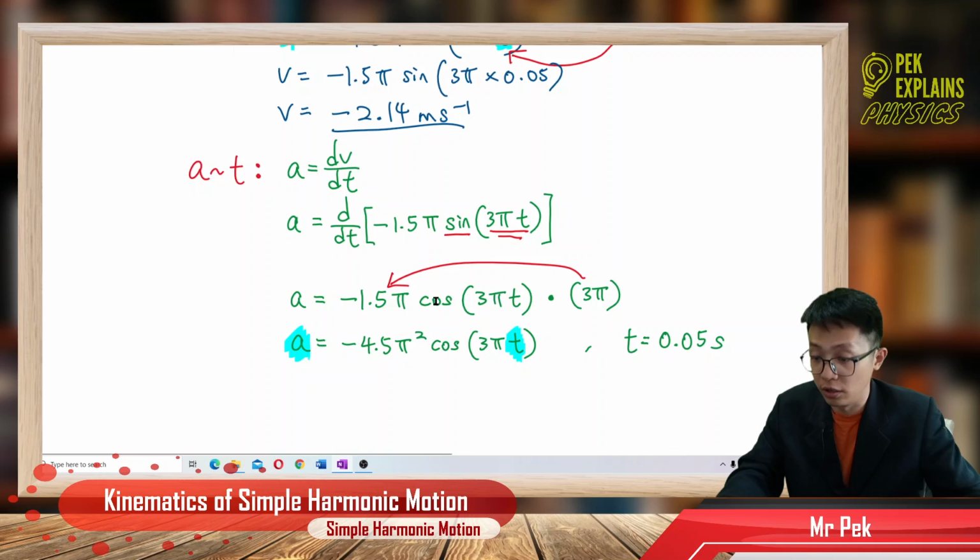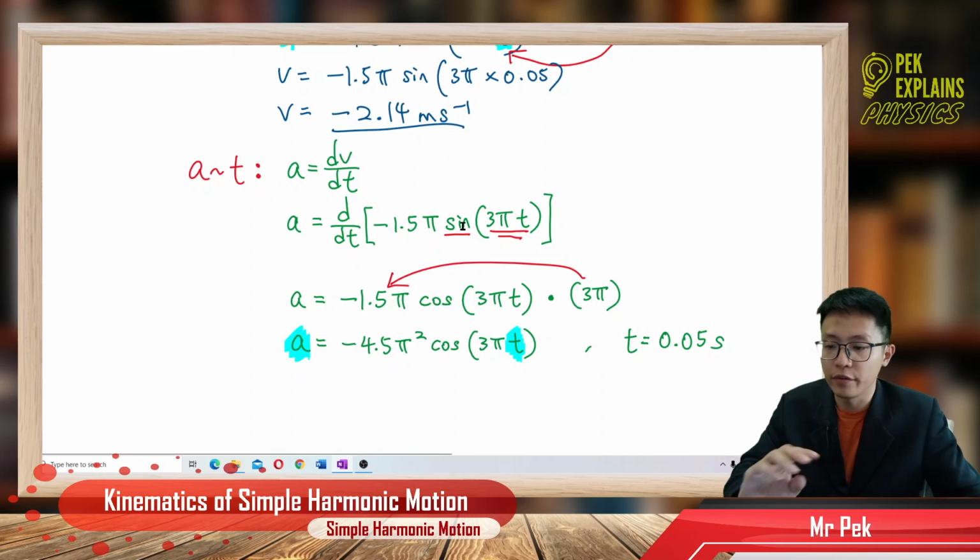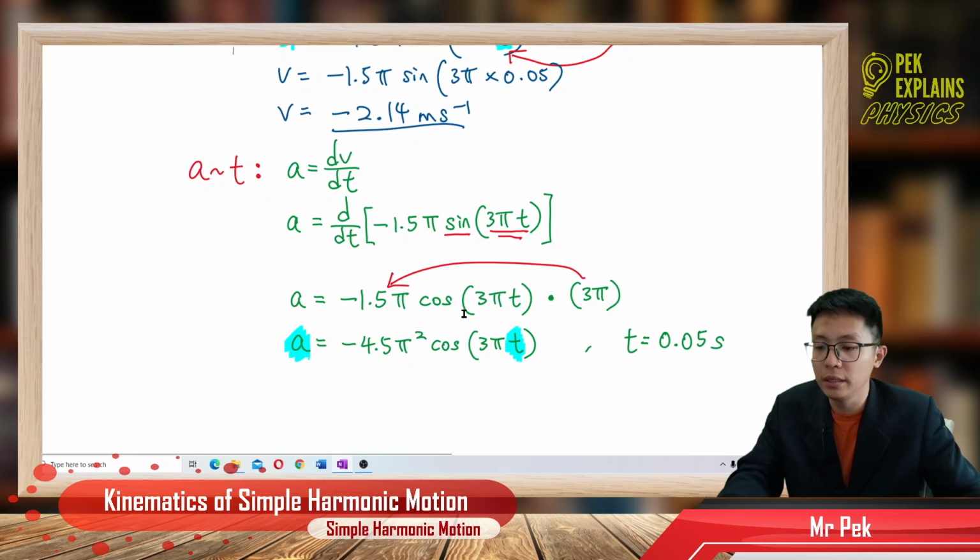Differentiate sine, get cos, no negative. And then 3 pi t, copy. Then differentiate inside, you get 3 pi. Then multiply to the front, 3 pi. So here becomes negative 4.5 pi squared, because pi multiplied by pi gets pi squared, and 3 multiplied by 1.5 gets 4.5. Negative 4.5 pi squared cos 3 pi t.